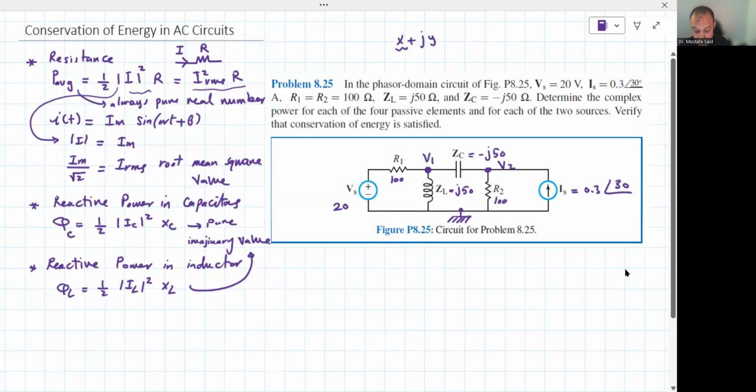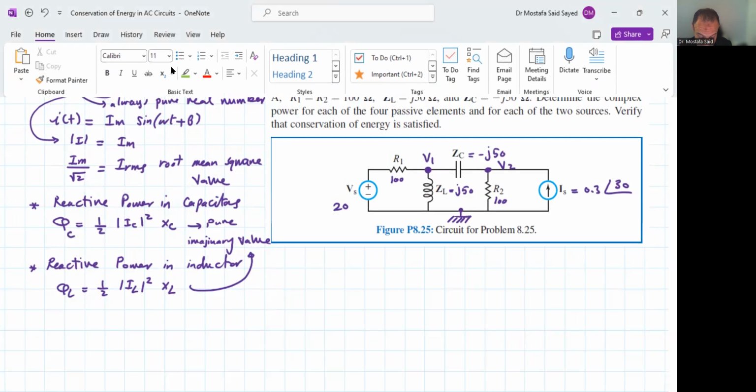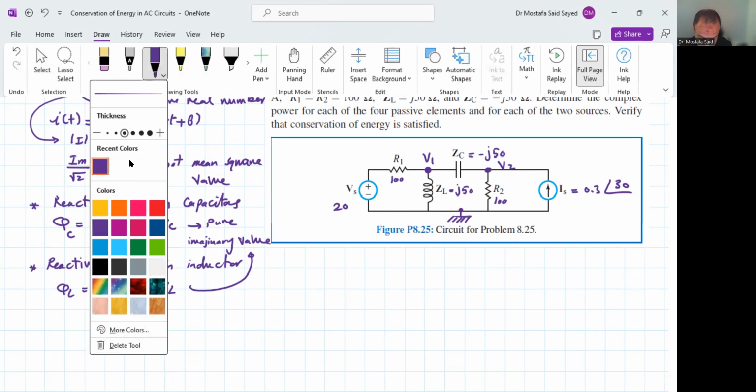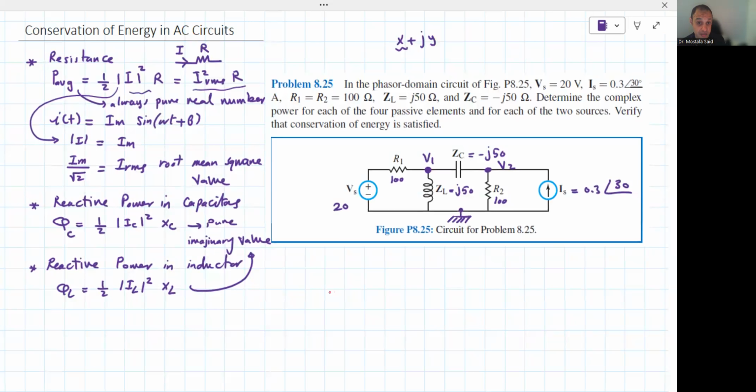I'm going to assume the current directions here, and this is very important. I'm going to explain why at the end. I'll assume the current that passes through the source Vs and R1 is I1, the current that passes through ZL is IL, the current that passes through the capacitor goes that way, IC, and the current that passes through R2 is I2.